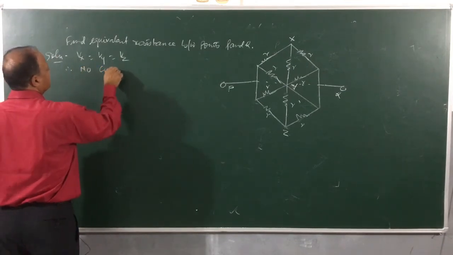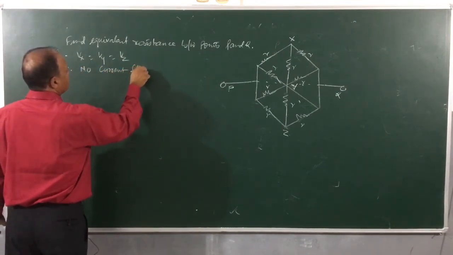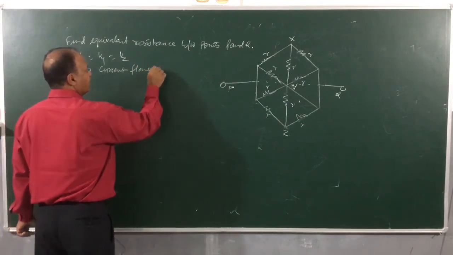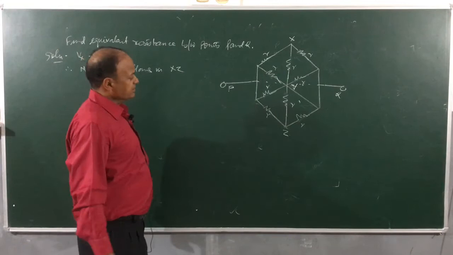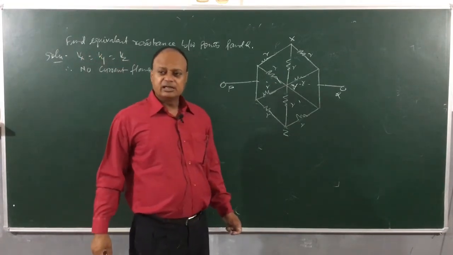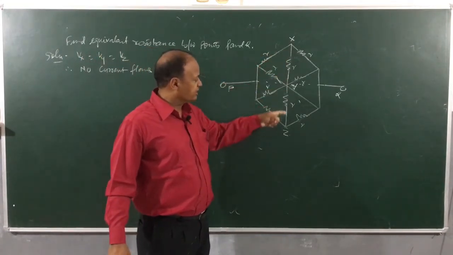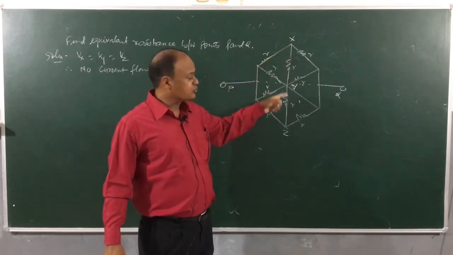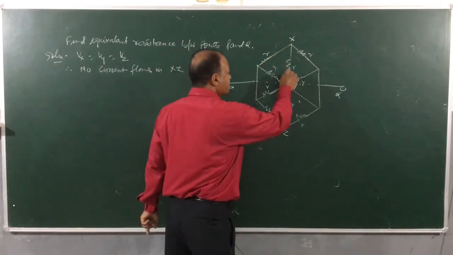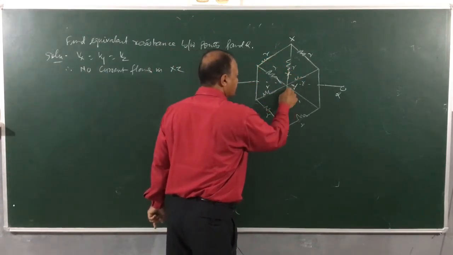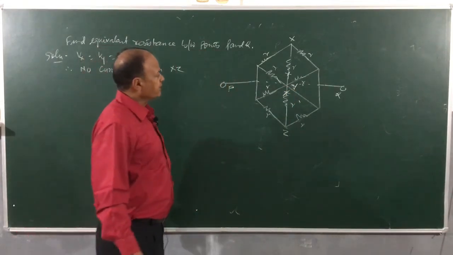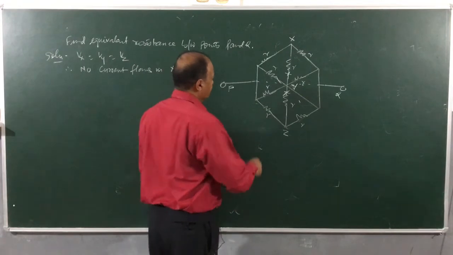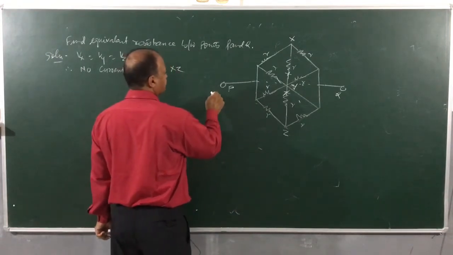no current flows in branch ZX. Now, it is important, pay attention, no current will flow from X to Z in this case. So, if no current is flowing from X to Z, that means this resistance and this resistance will not work. Then what will be the simplified circuit like?